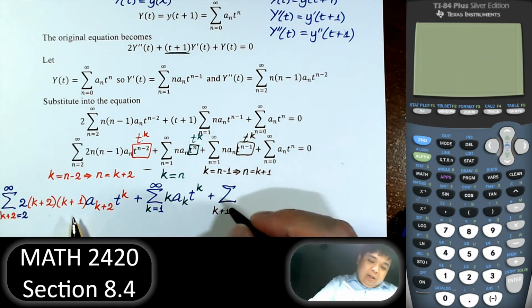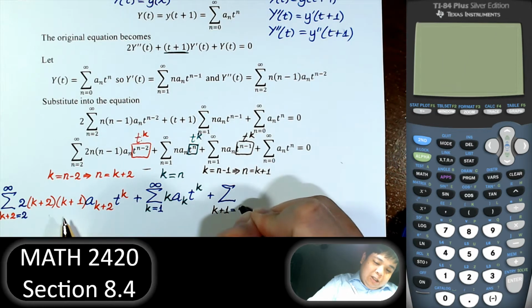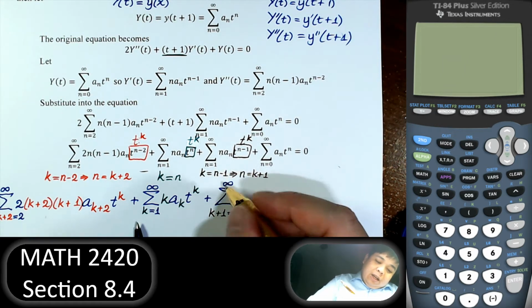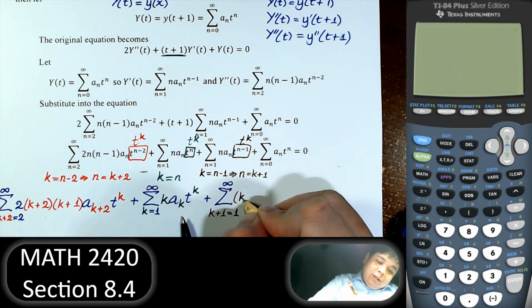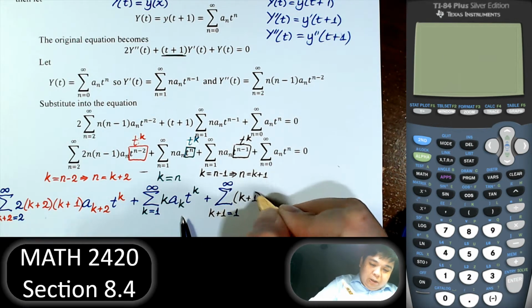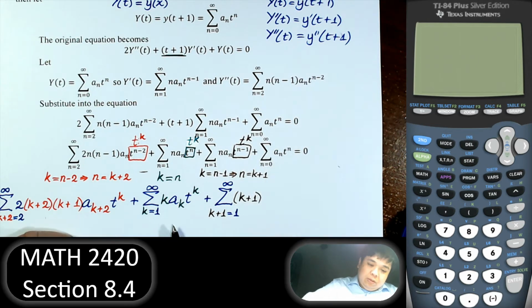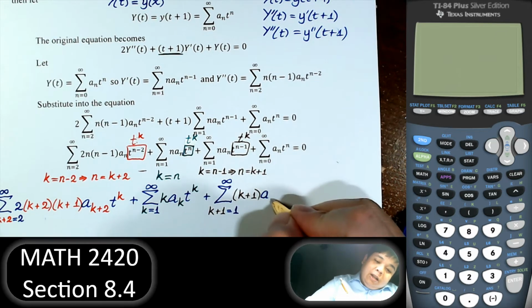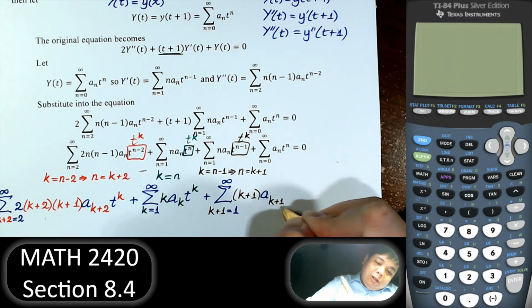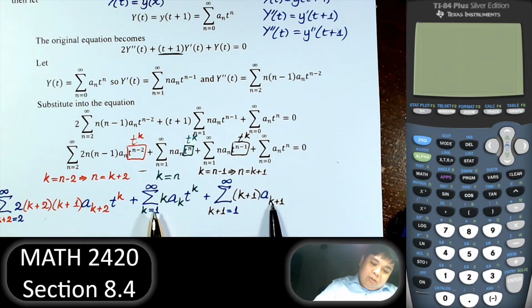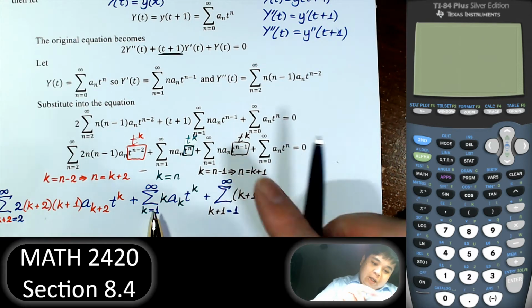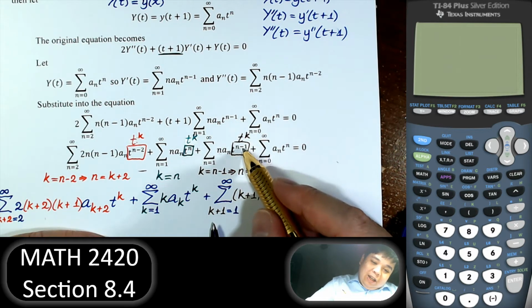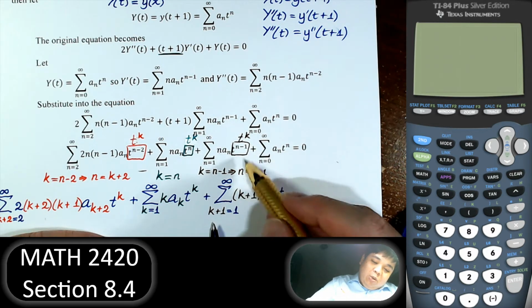So n is going to be k plus 1, and we have a of k plus 1, and n minus 1 is k.